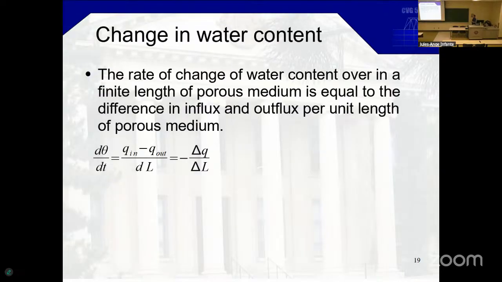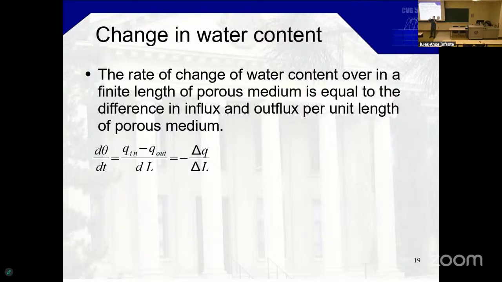Now, when we consider changes in water content though, what is the change of water content in a volume of soil, of porous medium? Again, we start with looking at things in one direction. We're not going to look at all the directions, but the change in water content over time, since the Darcy flux is the movement of water over time.